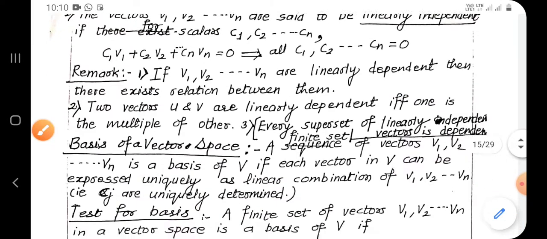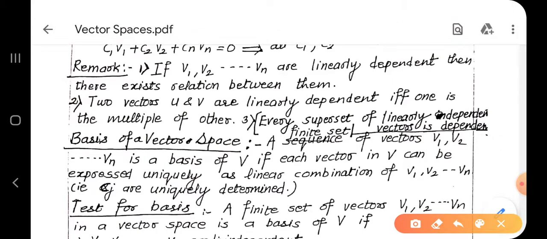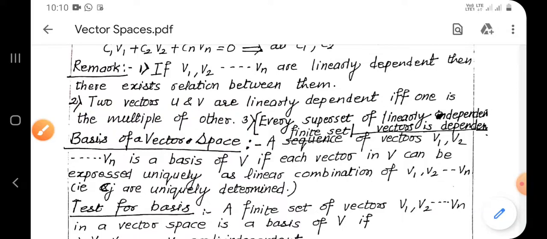Right? If two vectors u and v are linearly dependent, it means one is a multiple of the other. Understood? And if I have a linearly independent set, then a subset of that linearly independent set is also linearly independent.